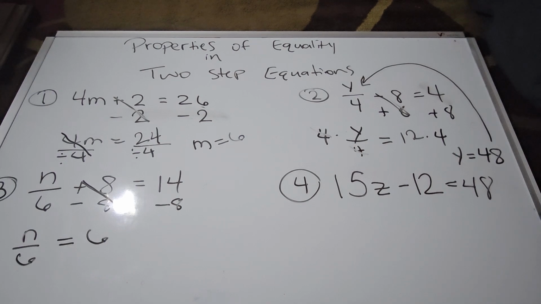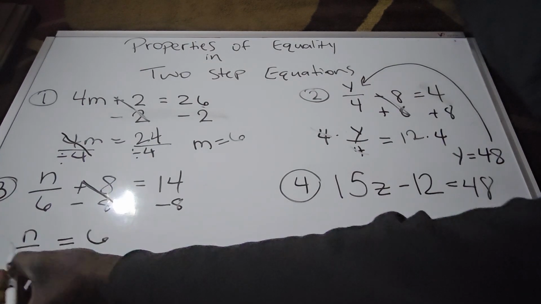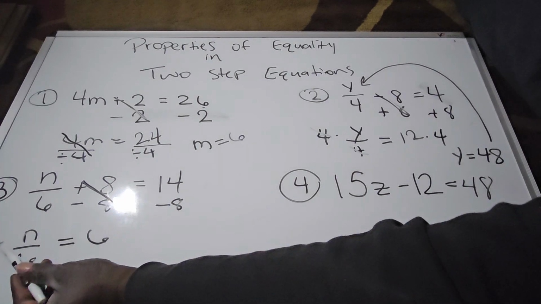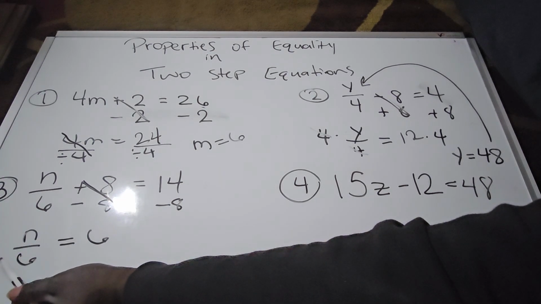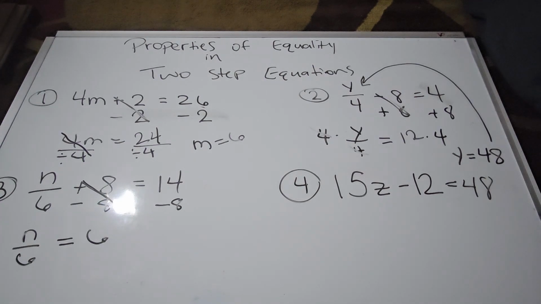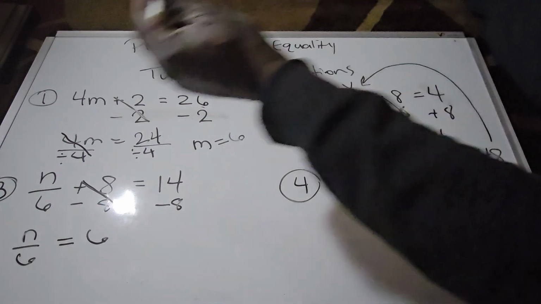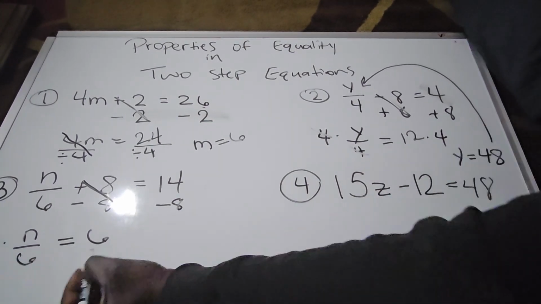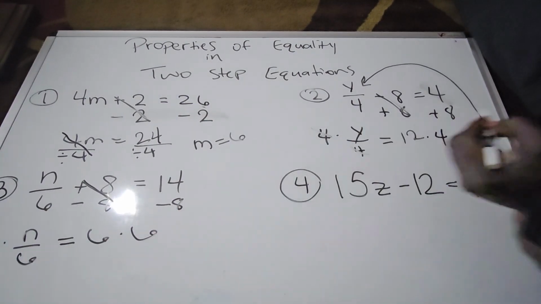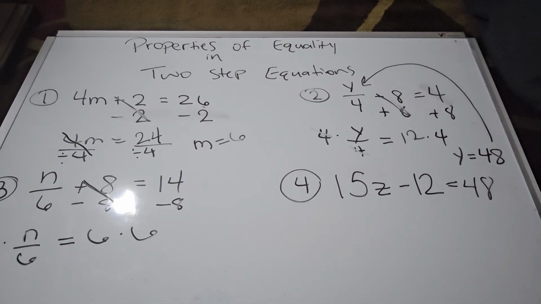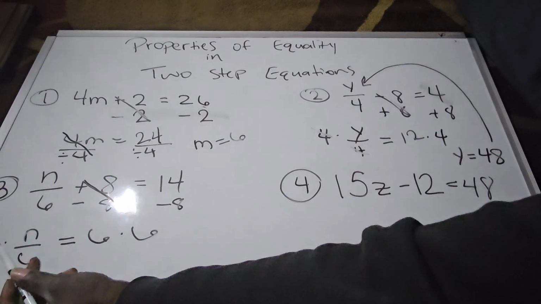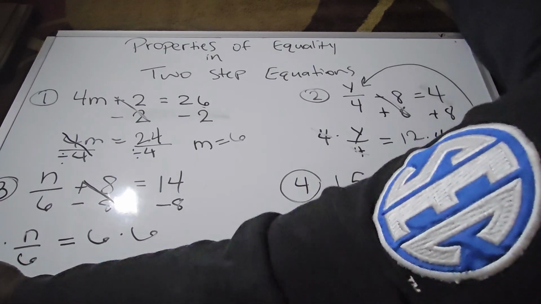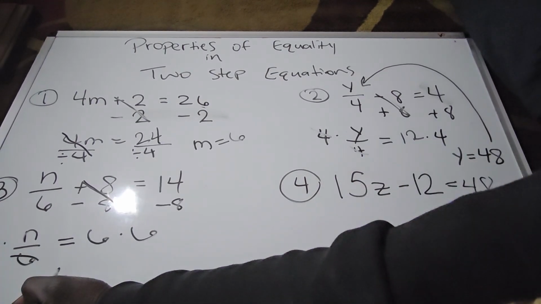Now, here's the second part. It's time to get n by itself. This is n divided by 6, so we have to do the opposite operation to get it by itself, and that'll be multiplication. So we will multiply by 6 on both sides. So now we have 6 times n over 6. The 6's eliminate.